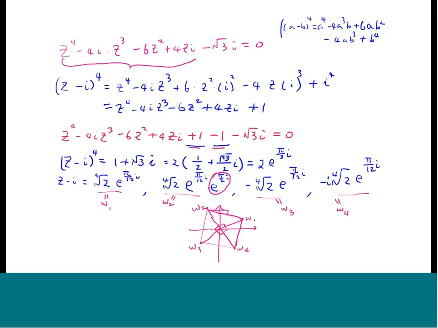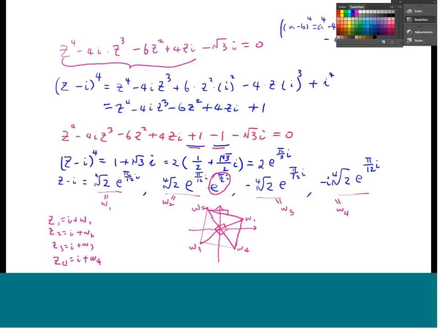Another one: let's call Z1 equal to i plus W1. It's just i plus W1, okay? So Z2 will be i plus W2. So the whole thing is just shifted up by i. We'll see where it goes.